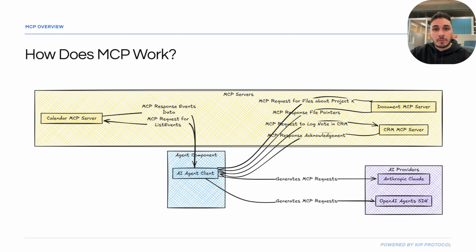Additionally, the two-way communication means the agent can also send data back, for example, log this note in CRM. The server will do it if allowed, and all interactions can be logged or checked by the server, which adds a layer of safety.